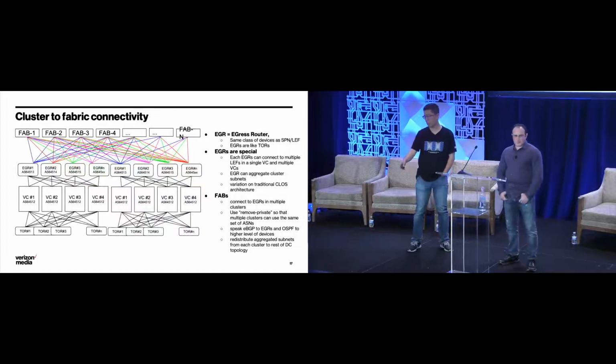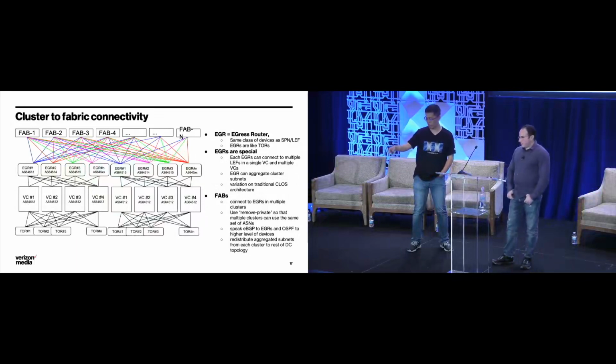These EGRs run eBGP to the fab layers above. And on the fab devices, we use remove-private so that multiple clusters' EGRs can use the same ASN. They redistribute this aggregate from each of these clusters into internal IGPs, in our case OSPF, for the DC topology.